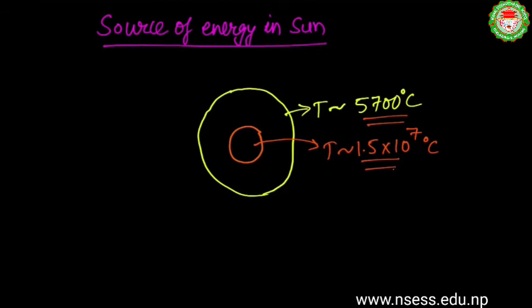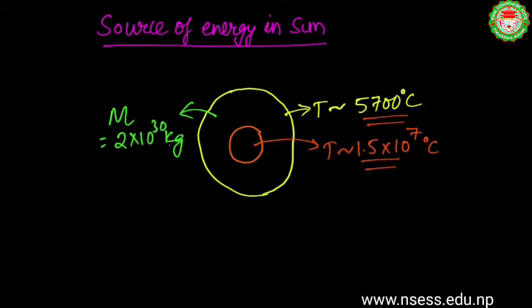Even the surface temperature is very high, and the core temperature is 1.5 into 10 to the power 7 degrees Celsius, and the mass of the sun is approximately 2 into 10 to the power 30 kg. It is estimated on the basis of the density, which is almost 3 into 10 to the power 5 times more than that of our Earth.